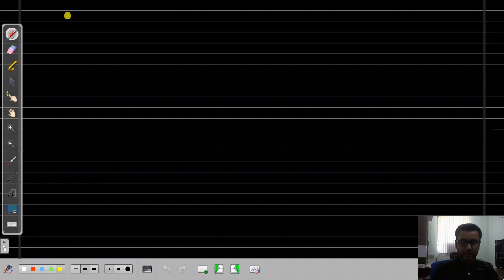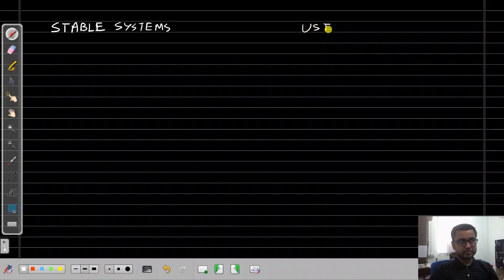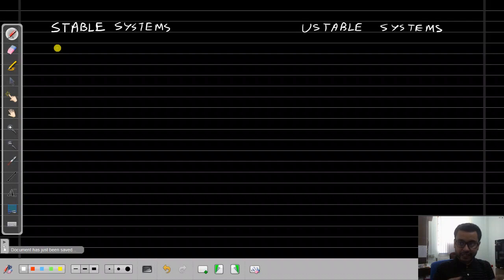Another way to classify systems is as follows. We say stable system versus unstable system. Now let me first tell you informally, a system is stable if its output is never very large.